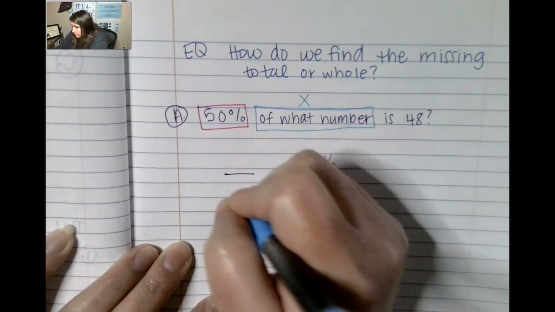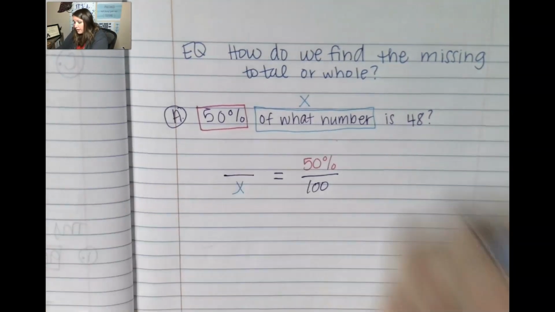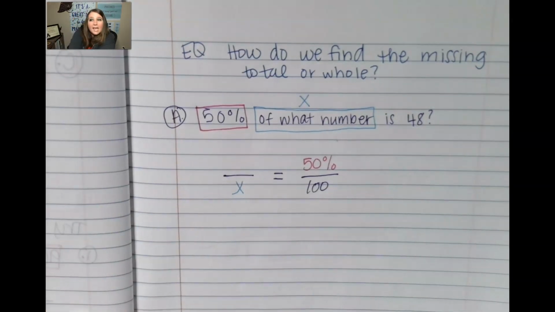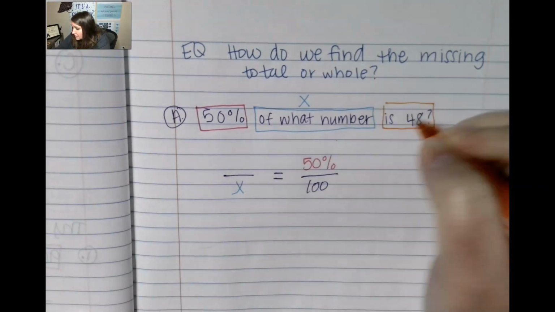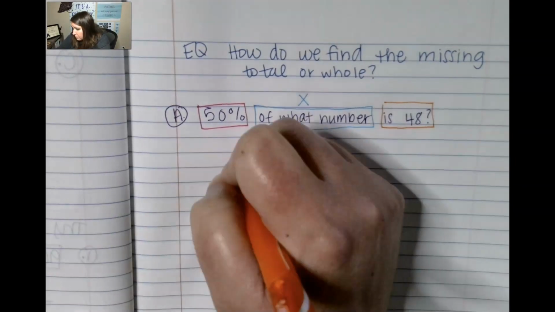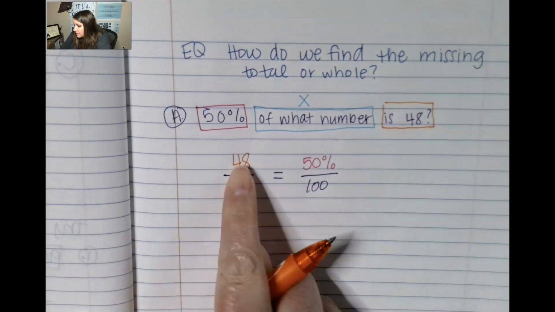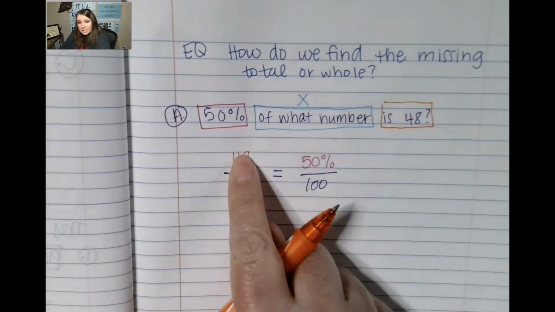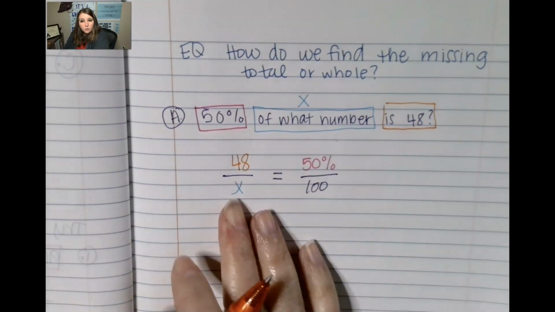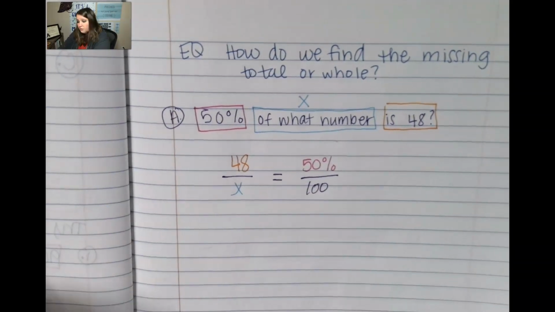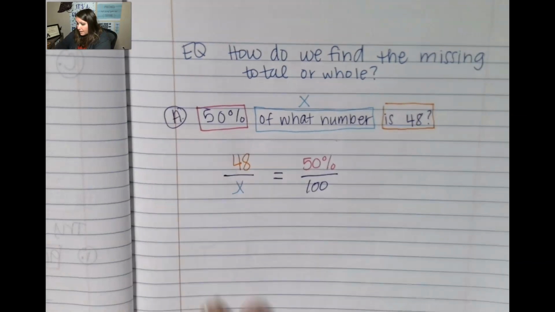We're going to just put that letter X as a placeholder. And is 48. So in the is spot today, we're going to put 48. Of, we don't know, so we're going to use an X, over 100. Now we're ready to solve.